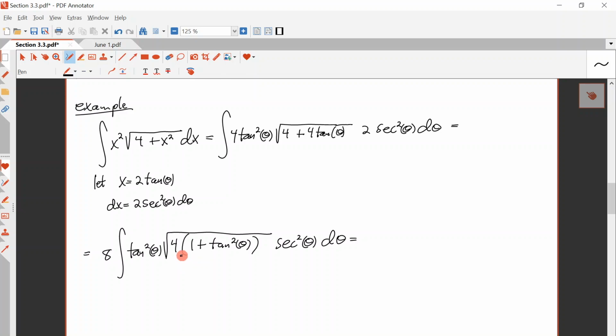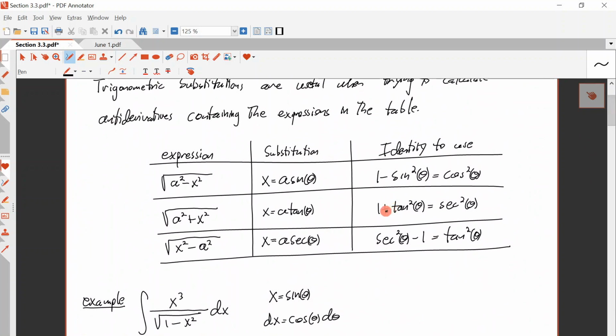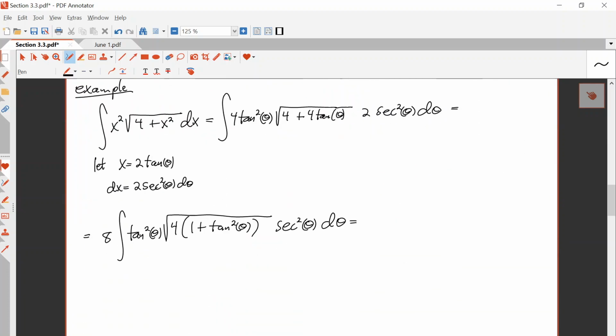Now, whenever you use a substitution involving a tangent, you want to use the identity 1 plus tangent squared is equal to secant squared, thus eliminating the addition underneath the square root. So I'm going to take this 4 and bring it outside the square root, and it becomes a 2.